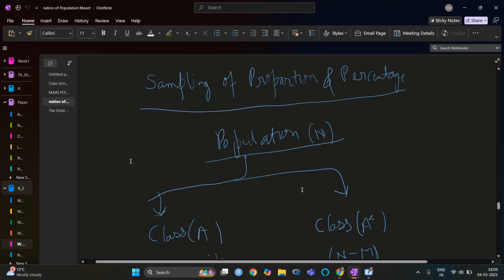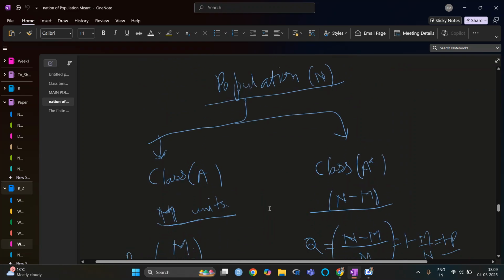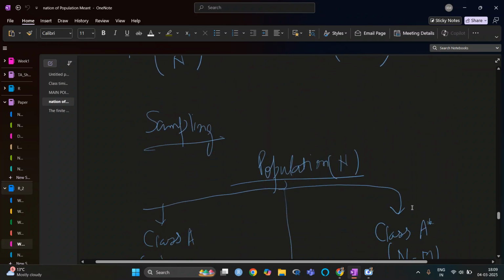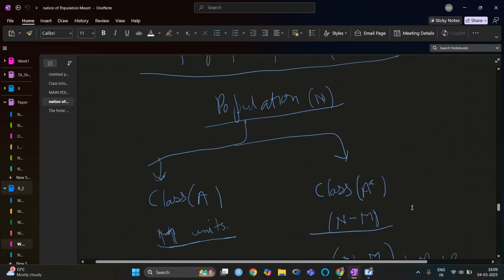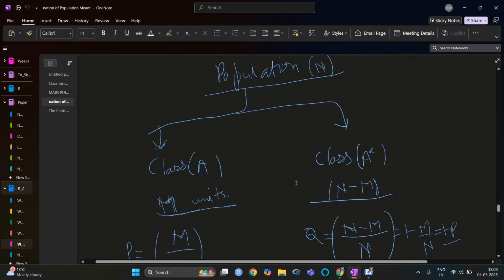If we have a population of size N, then we divide it into two parts. If we have a requirement of whether it is in class A or not in class A, we can see it in a lot of ways. It can be a person agreeing on something, or let's say a disease.